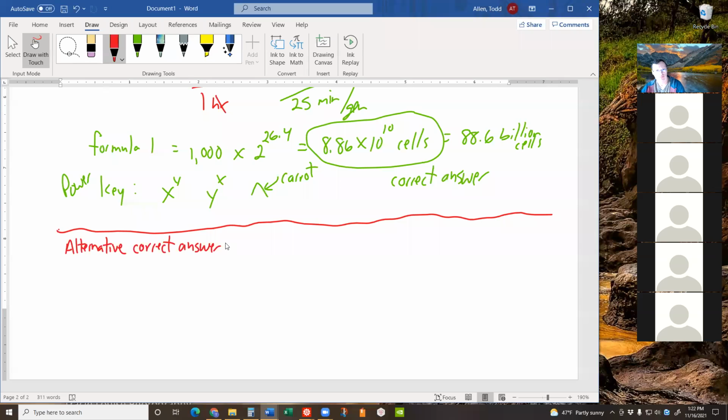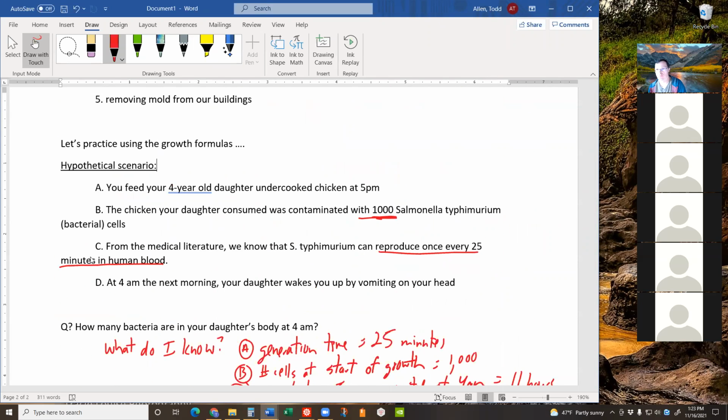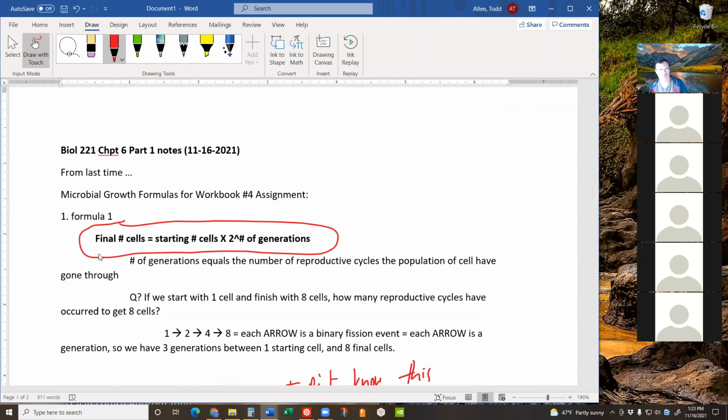Because when I got it wrong the first time, I was trying to figure out how many cells are reproduced from the original 1,000 to come up with the correct final answer.